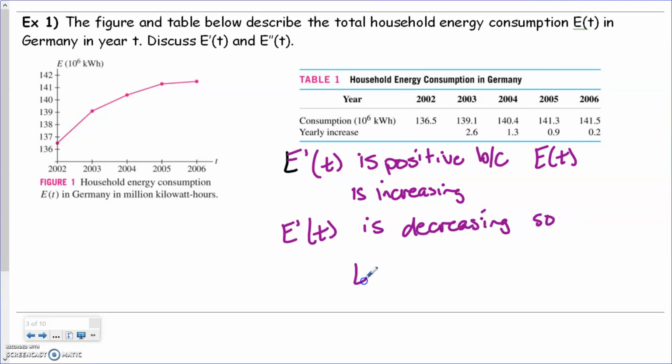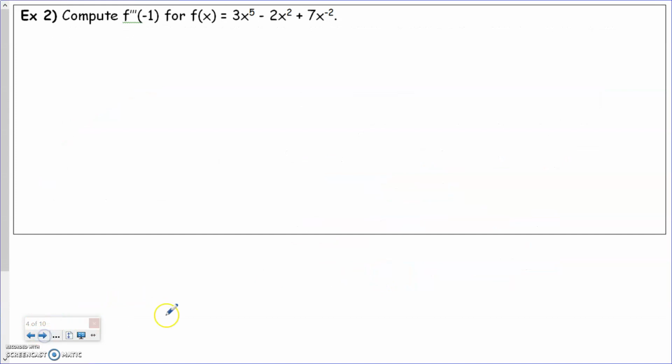So that means E double prime would actually be negative. And we're going to build on that in the next couple sections as far as looking at graphs and how they're related, but definitely in the next unit as well.